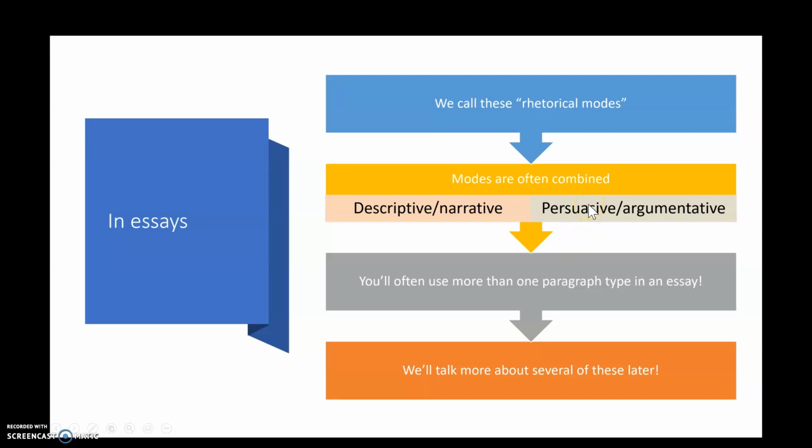Compare is showing things that are alike, contrast is showing things that are different. But it would be very challenging to try to do just one of the two, and so we do combine them. And you will often use more than one paragraph type in an essay. And we'll talk more about that in later PowerPoints and in later lessons.